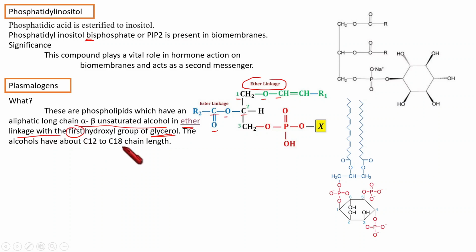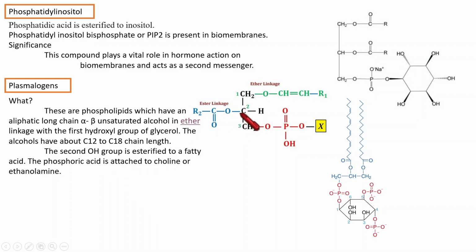Maybe 12 carbon or 18 carbon will be the chain length of that alcohol. And the second carbon is esterified to a fatty acid. And that phosphoric acid can be connected to either choline or ethanolamine. In both cases, both types will be a plasmalogen itself. Okay.